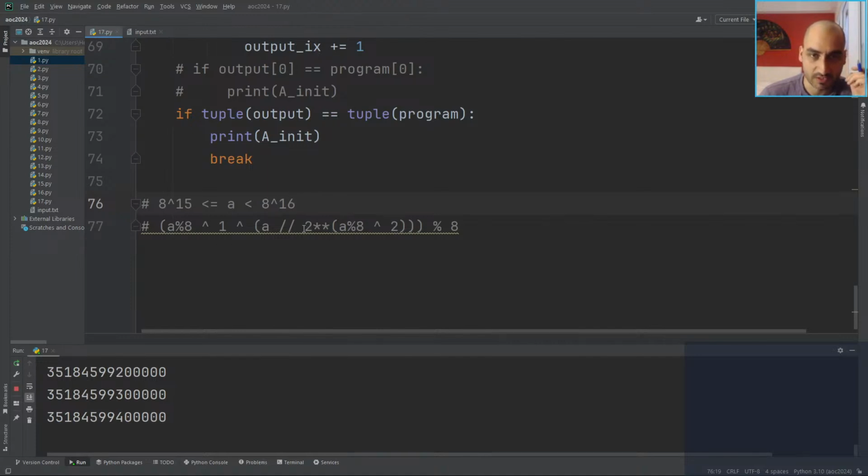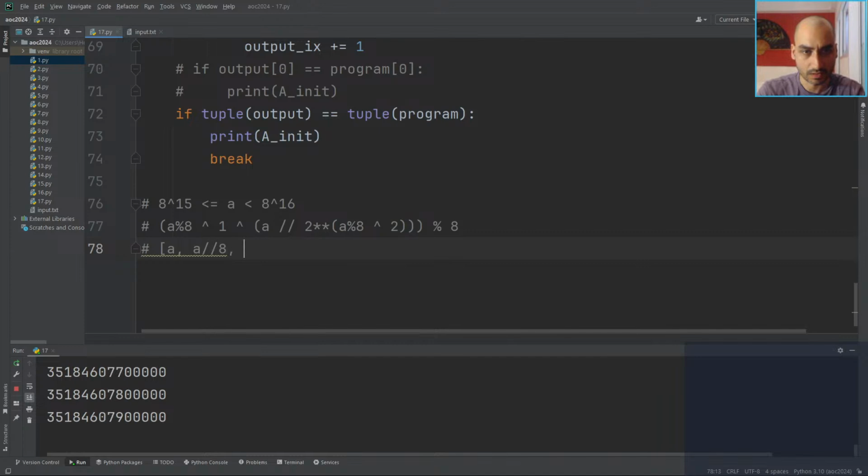I can't wrap my head around this. 2 to the power of... And so what we know is we've got basically 16 values of A, and the first value is going to be A, then A divided by 8, and A divided by 8 squared, and so on.